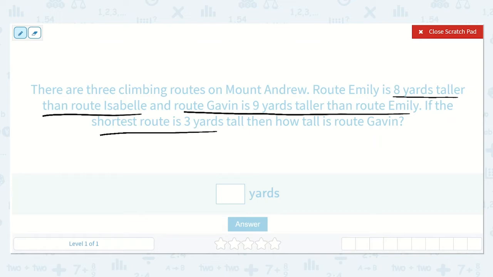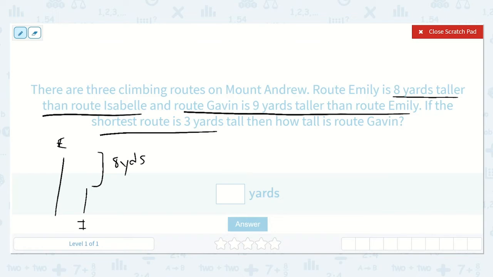So if we have here, this can be Emily's, and this can be Isabel. Emily and Isabel, and this difference will be 8 yards, because Route Emily is 8 yards taller than Route Isabel.